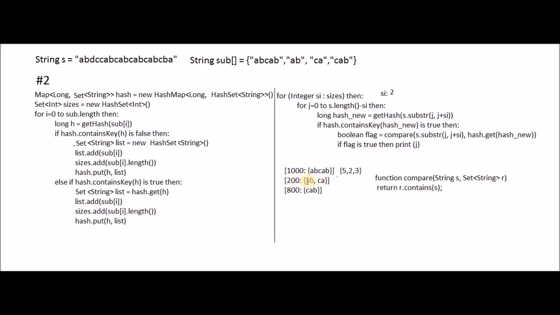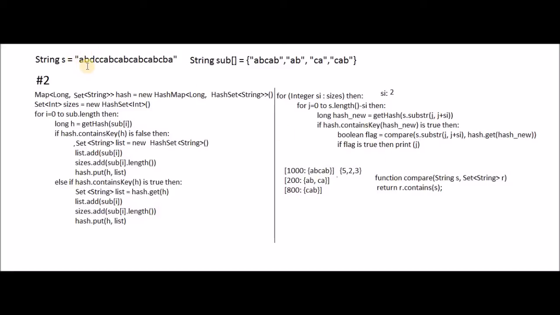If the hash does exist, we check whether that string exists in that set. So if the string exists in that set, we just return true, else we return false.